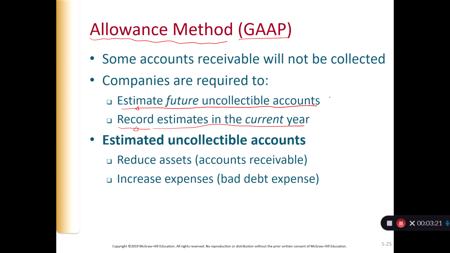So if you offered a credit sale this year, you say accounts receivable and credit revenue, right? And the minute you say this, you will ask yourself, how much of this can I really collect?